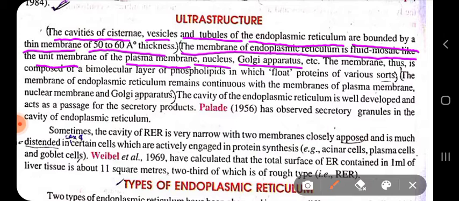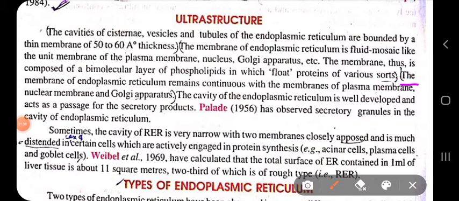Thus, it is a bimolecular layer of phospholipids in which the proteins float in various sorts. So the membrane is composed of a lipid bilayer, a phospholipid bimolecular layer which is constantly floating, and the proteins are floating in various sorts.